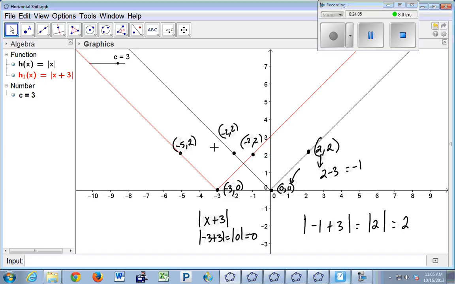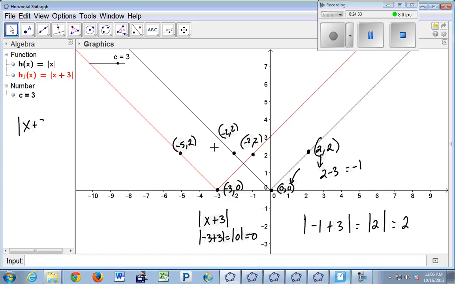If you were originally absolute value of x and you add 3 to everything, that means everything's becoming 3 greater. So to stay at the same y values, your x values have to be 3 units smaller, to the left. The only other way I thought of explaining this is when you look at distance on a number line, distance is always a subtraction problem, right?